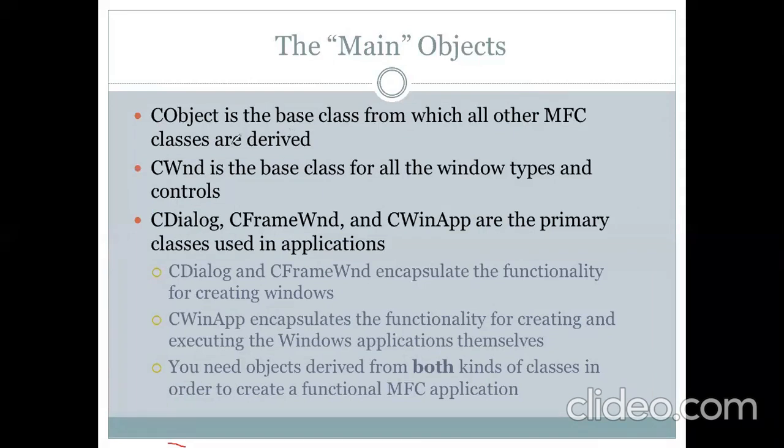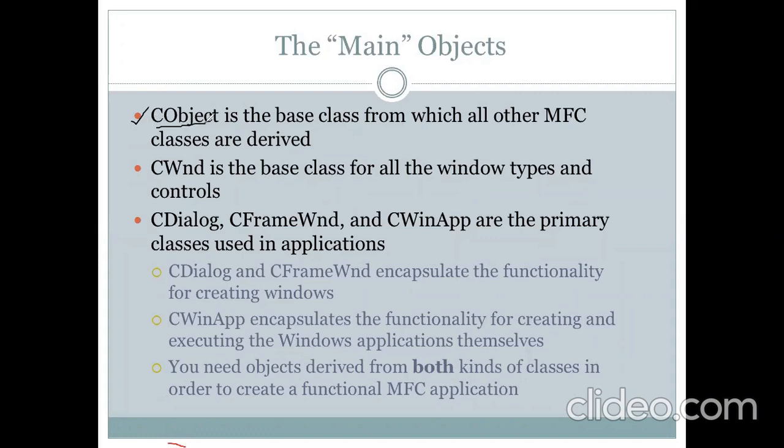As we discussed in the previous slide, the main objects in MFC classes are, first, CObject, which is a base class from which all other MFC classes are derived. Okay, so what is that?